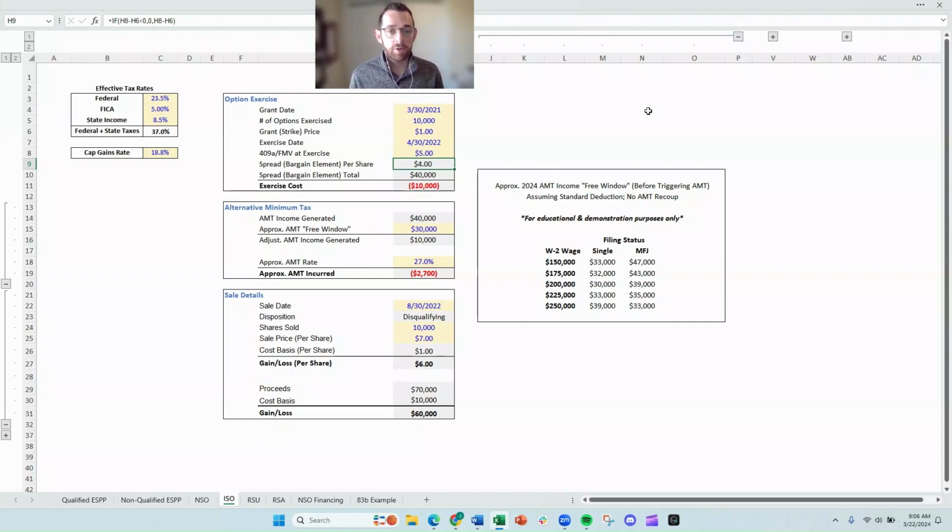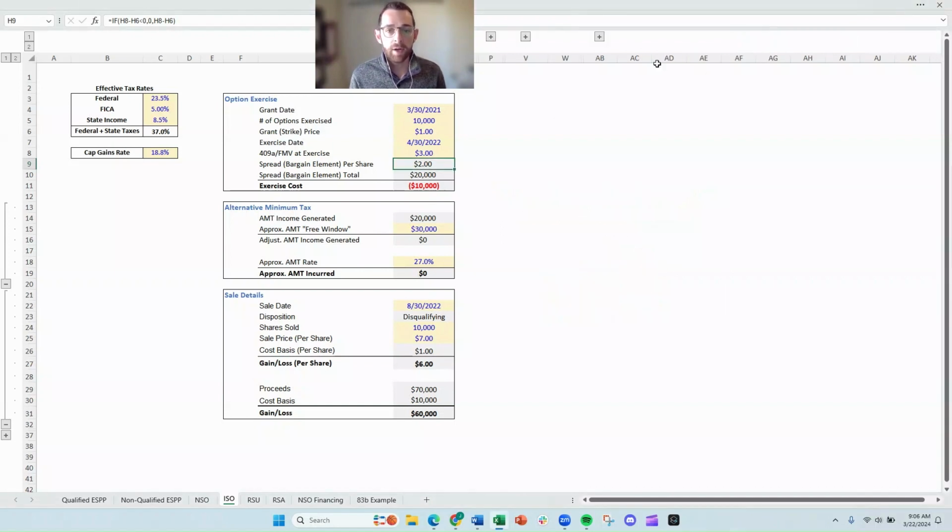That $10,000 is then going to incur a tax rate, and so you will owe approximately $2,700 of AMT based upon this bargain element. But again, we're assuming that we don't have any AMT because the spread, the bargain element, wasn't high enough to trigger income above that free window. Okay, so hopefully that explanation is clear as mud. I am going to close this here.